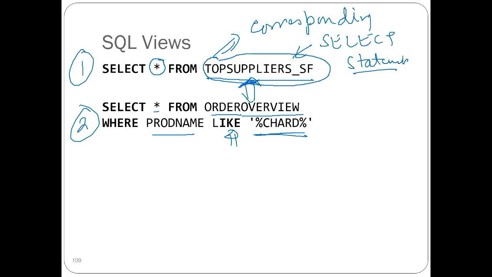Like is a clause used to check whether the column has that substring or not. So we want to make sure that the product name in the order overview has the substring chard. Whatever we did in select queries involving physical tables, we can do on views as well.